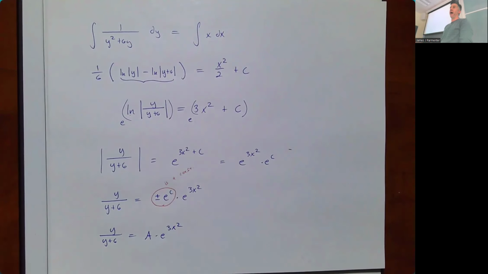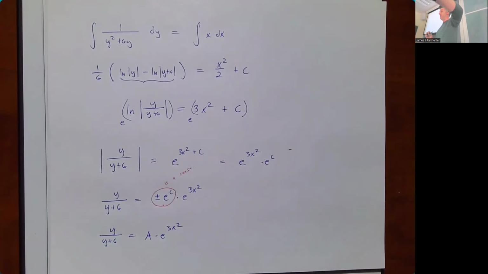And then we're going to solve for y, which seems terrible, but we're almost there. Because we're saying A is either the positive or the negative value, whatever the constant happens to be. It feels like we're kind of cheating the system, but we're not. It totally works.